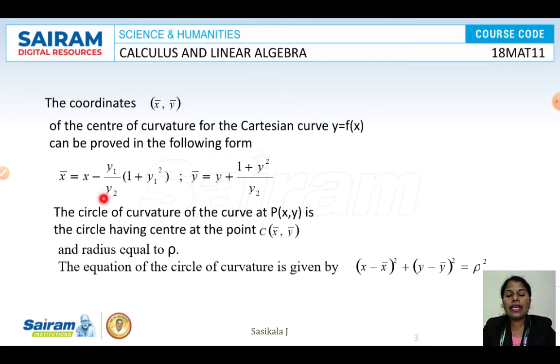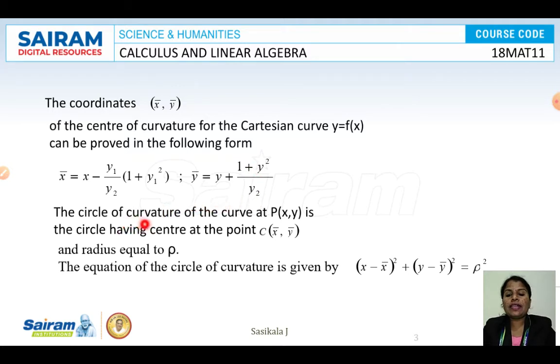We already have the result: x bar is equal to x minus y1 by y2 times 1 plus y1 squared, and y bar is equal to y plus 1 plus y1 squared by y2.